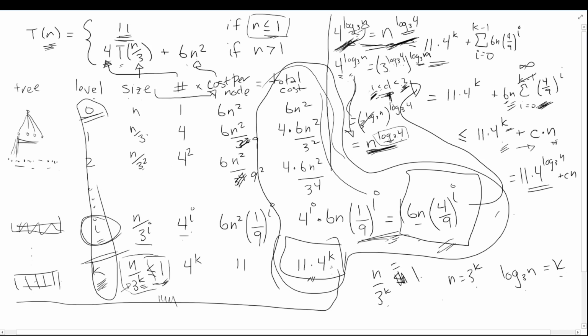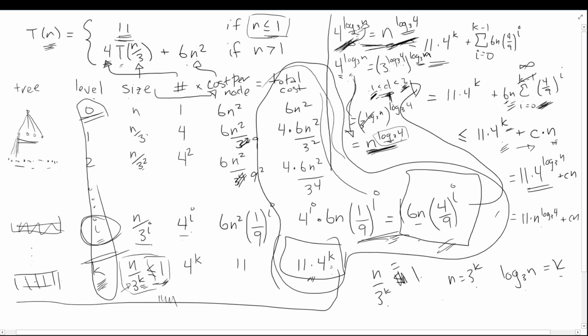So let's finish off. We're going to take this now and swap that around. First of all, we've got n to the log base 3 of 4, and we've got cn. So we've got 11 n to the log base 3 of 4 plus cn.